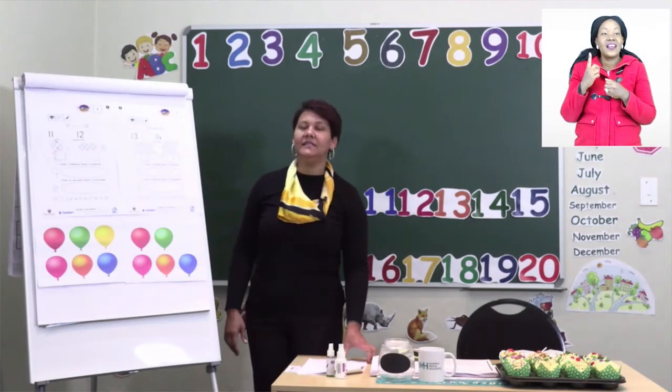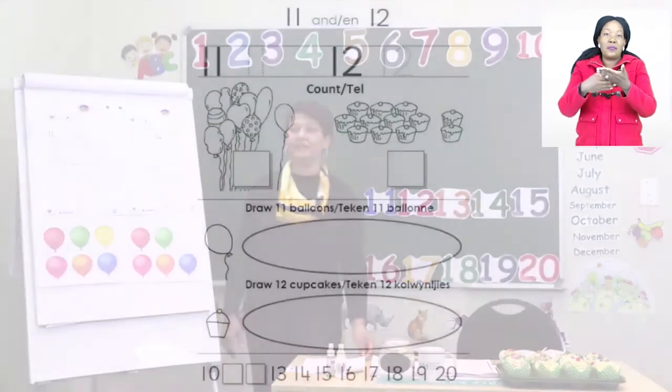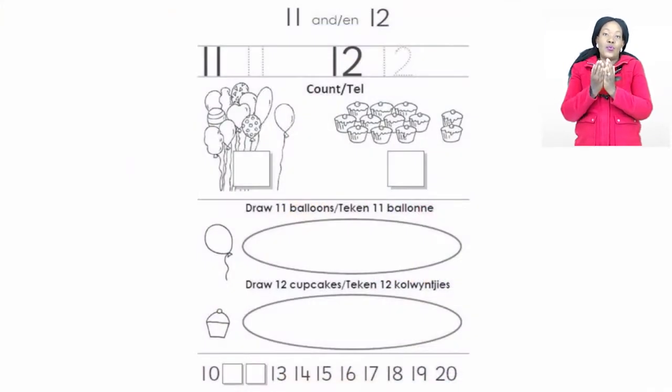Okay, so now let's turn to page 5 in our booklet. On page 5 in your booklet, there's a counting exercise. It's counting from 11 and 12. Okay, what will we do there? There's some balloons. Wow, I hope we're going to have a party later.